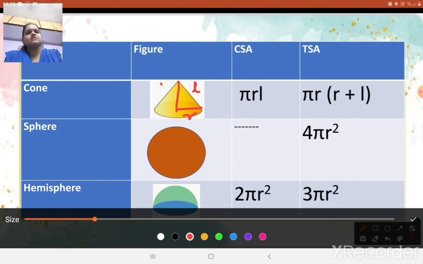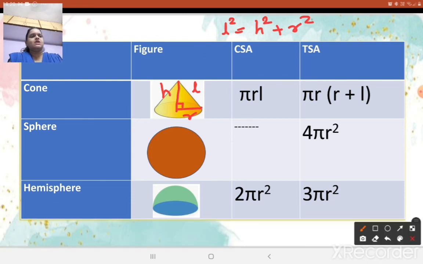And here in this case H is a perpendicular height. And what is the relation between H, R and L? One more formula we have learned here, that is L square is equal to H square plus R square by applying Pythagoras theorem. Okay, so that is a curved surface area and total surface area.